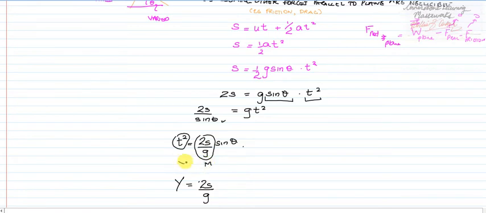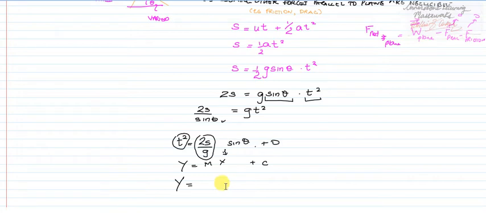So this is like y, and this is like m. If I put sine theta on the x-axis and look for c, then I have to add 0 here, so c will be 0. As I said, 0 is understood to be here.